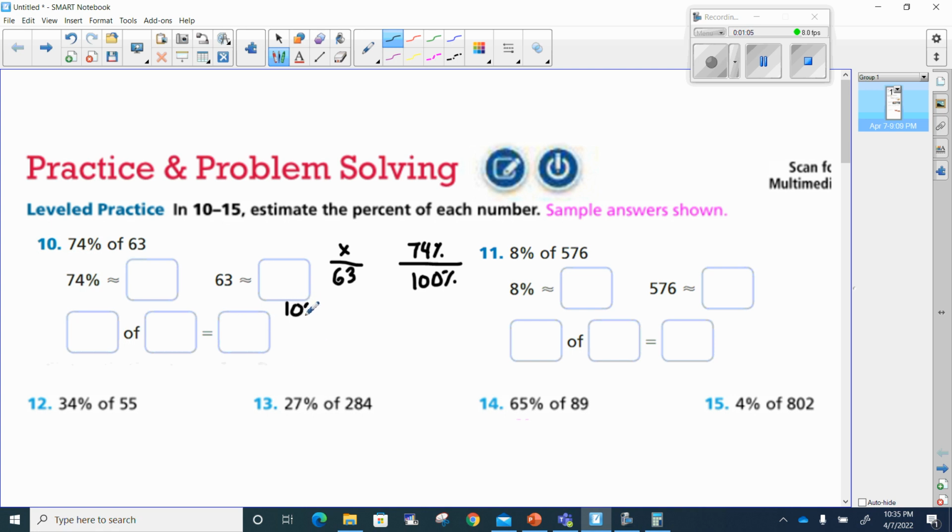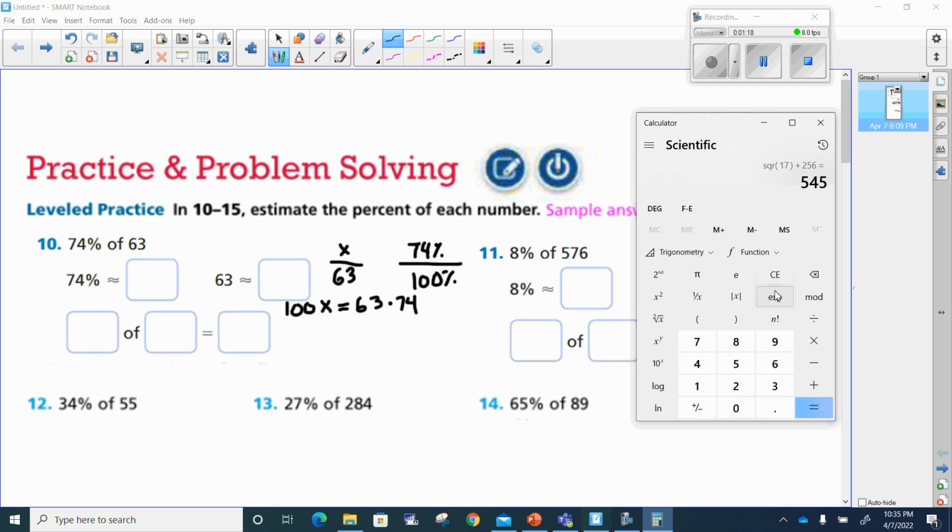That's 100 times x, 100x. And that has to equal 63 times 74. We use our calculator here. 63 times 74, that's 4,662.